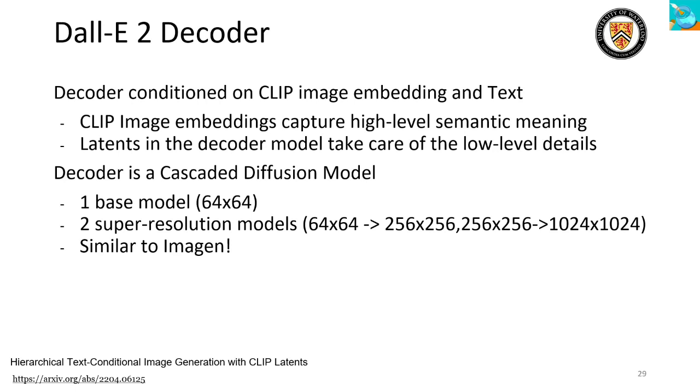This shares a very similar idea with Imagen, because their decoder is also a cascaded super resolution diffusion model, which contains one base model to produce the image at 64 by 64, and then two super resolution models to upscale it up to 1000 by 1000.